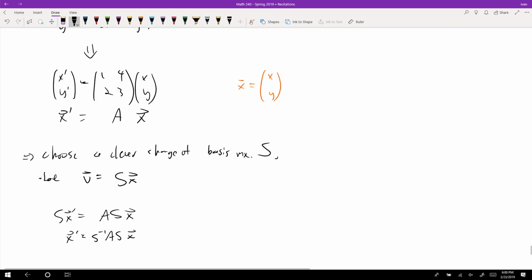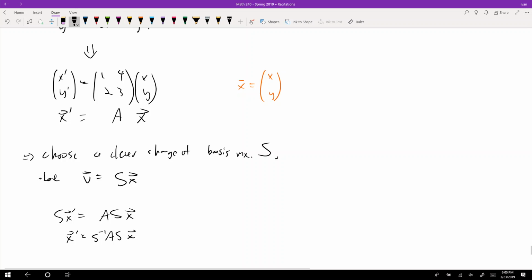This is what I mean by a clever change of basis matrix S, because what can we make this thing? A diagonal matrix. But in general, if it's not diagonalizable, what can this thing be? A Jordan matrix. So you choose some change of basis matrix that makes this either diagonal or Jordan, given what A can be. Because you can diagonalize A in this case, but sometimes you can't.